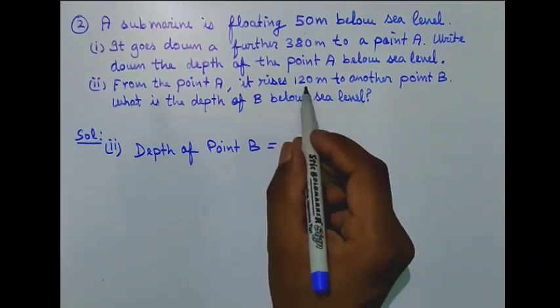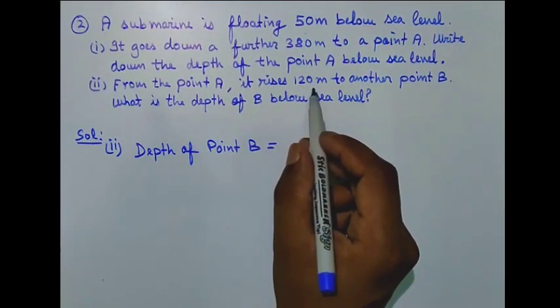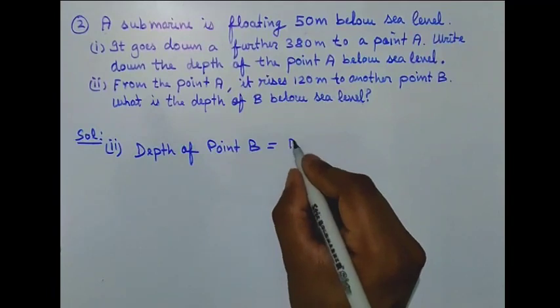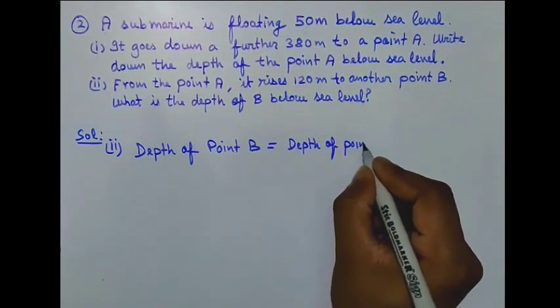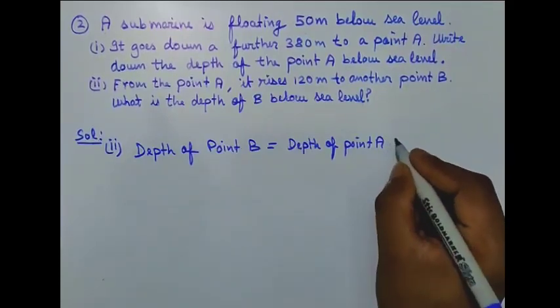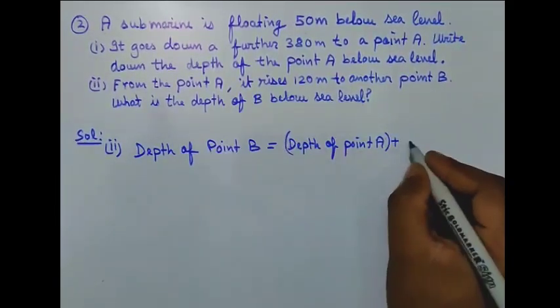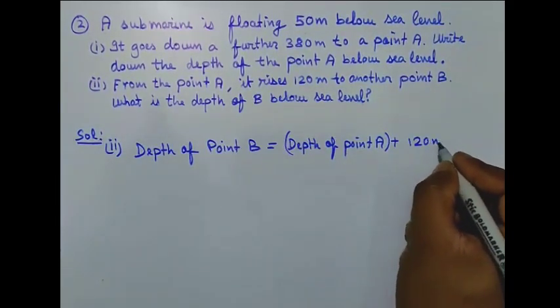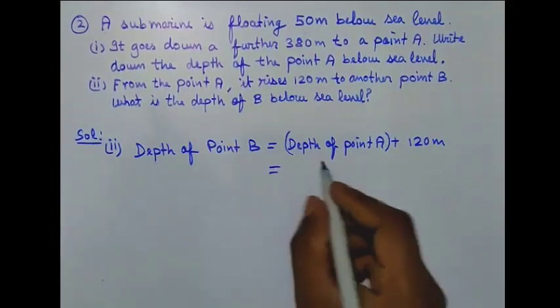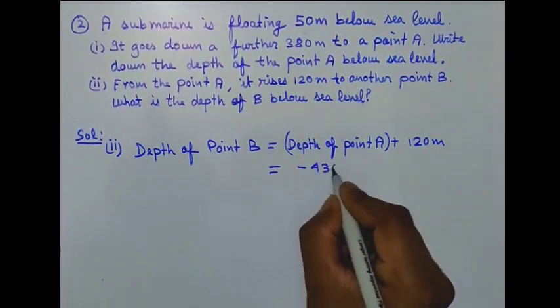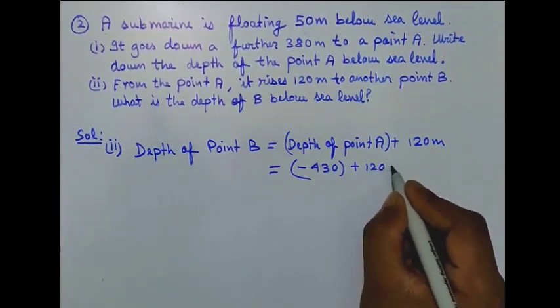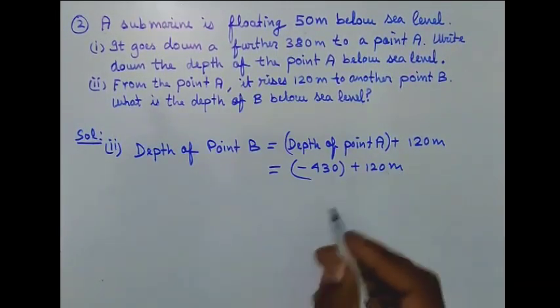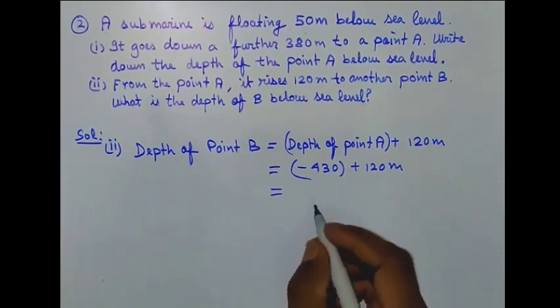Depth of point A plus 120 meter, right? So depth of point A is minus 430 meter plus 120 meter. We'll just add it.